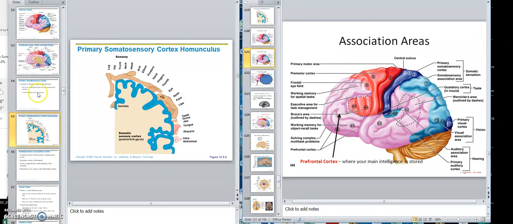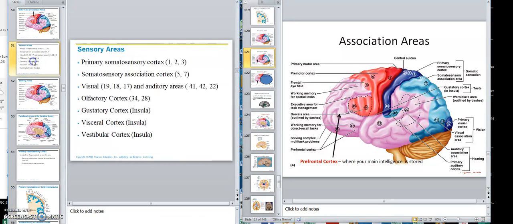Okay. So let me go back. What else do we have here? So then we have the visual and auditory areas. Auditory is lateral, areas 41, 42, up in here. That's where the ears are, remember, the temple. Visual is at the back.